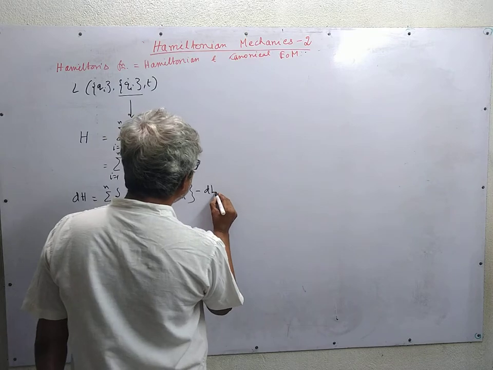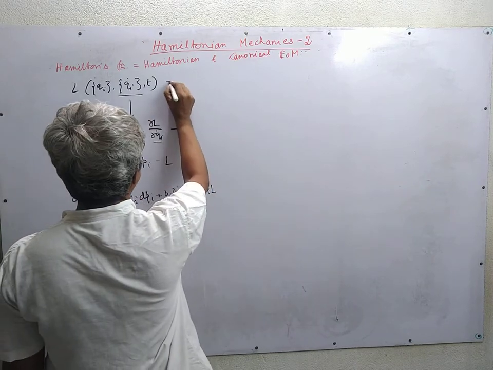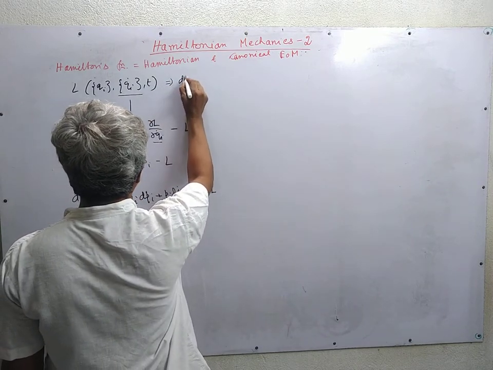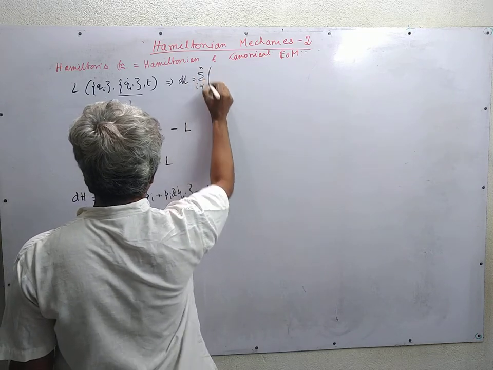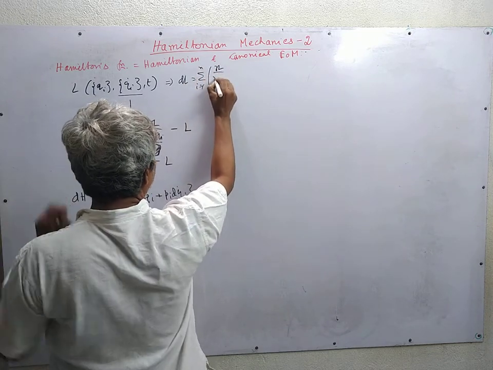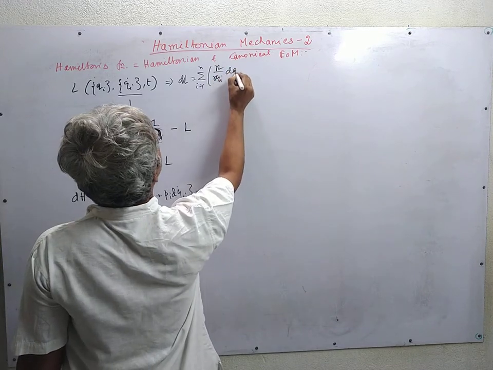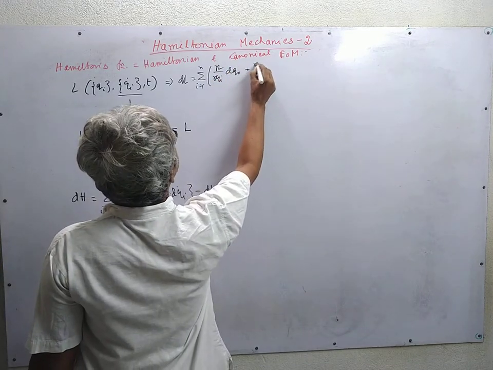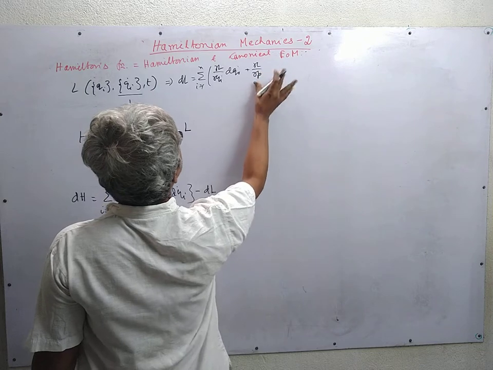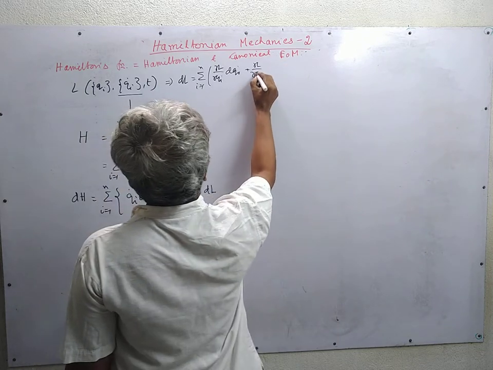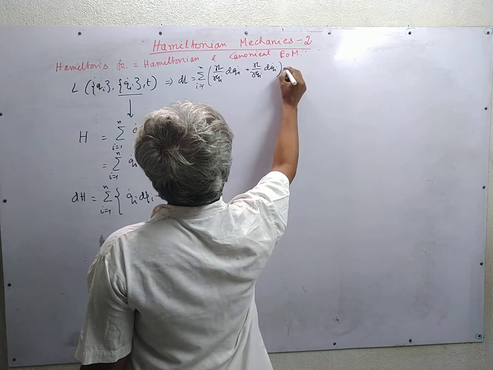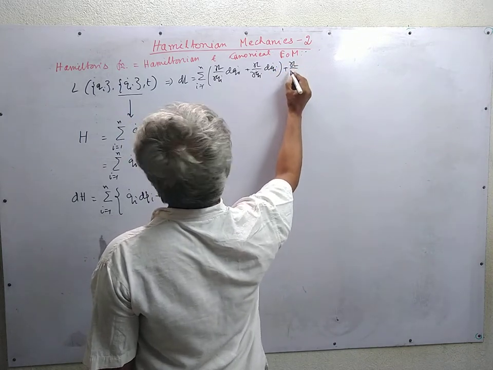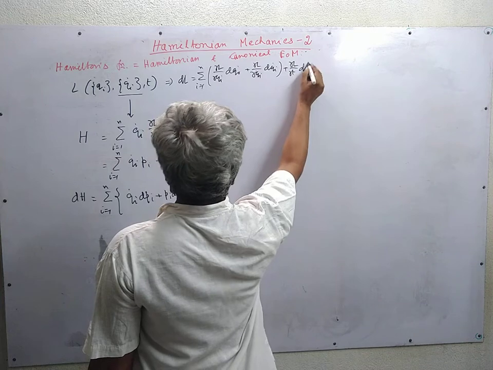As L is a function of q_i, q_i dot and t, this immediately gives that dL is equal to the summation over i equal to 1 to n of ∂L/∂q_i dq_i plus ∂L/∂q_i dot dq_i dot plus ∂L/∂t dt.